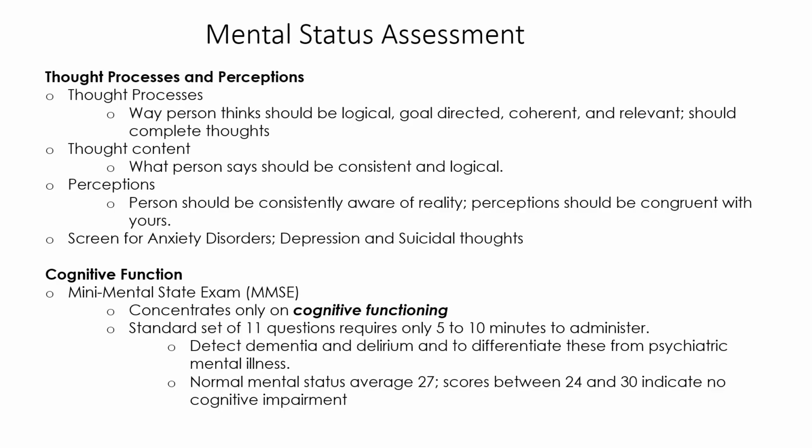This is a good tool to help detect dementia or delirium, and it can be used to help differentiate these from a psychotic mental illness. A normal mental status average is 27. Scores between 24 and 30 indicate no cognitive impairment.